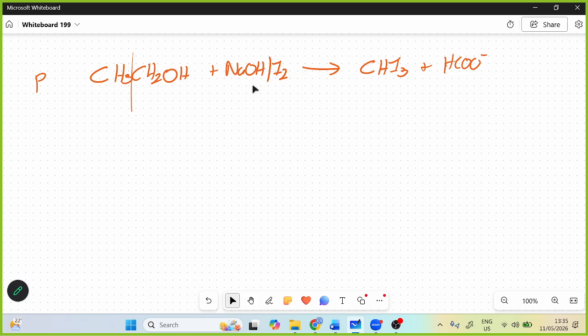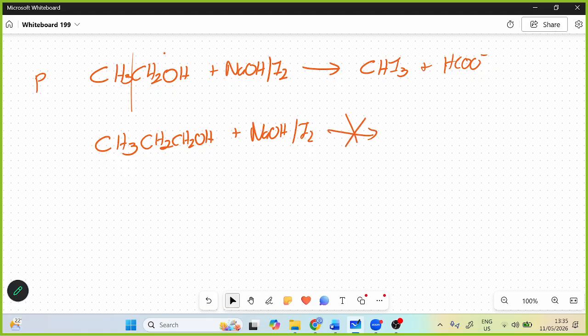Okay, so this will always produce CHI3 for the methyl, and what's left becomes the carboxylate. The second one, propan-1-ol, will not react because you need to have a methyl group available. Propan-2-ol will react.